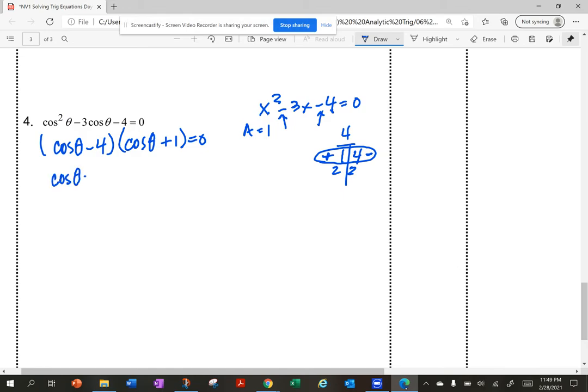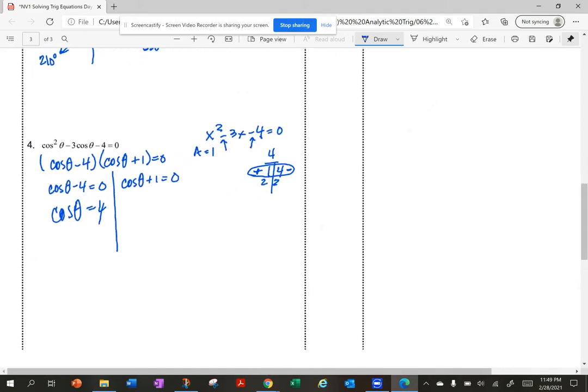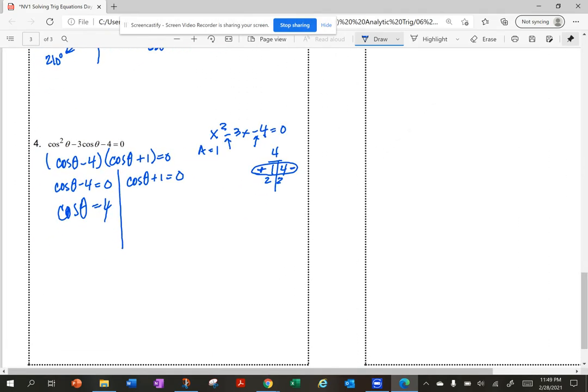So cosine of theta minus 4 equals 0, and cosine of theta plus 1 equals 0. So now I'm solving. I get the cosine of theta equals 4, and the cosine of theta equals -1.